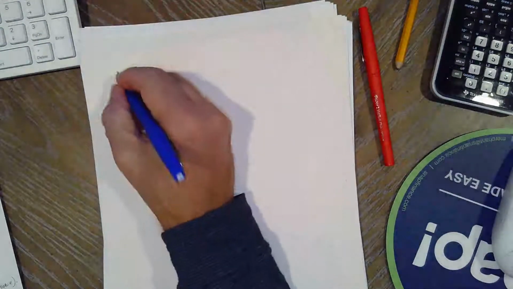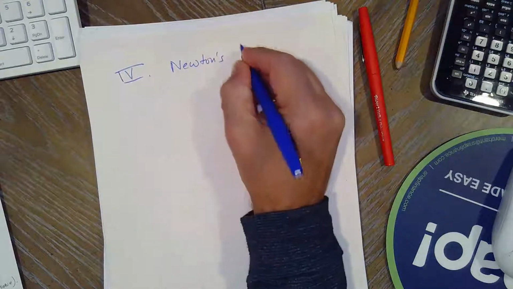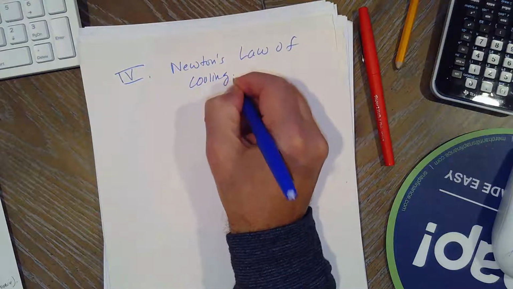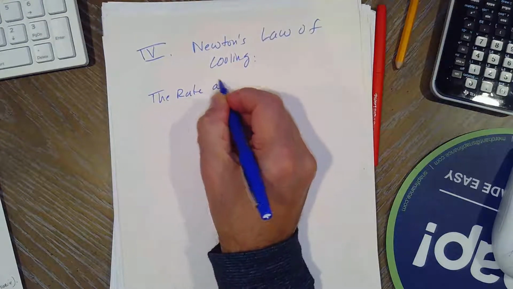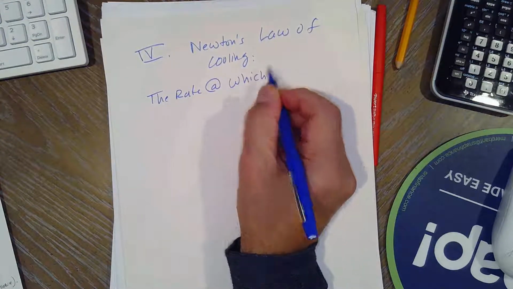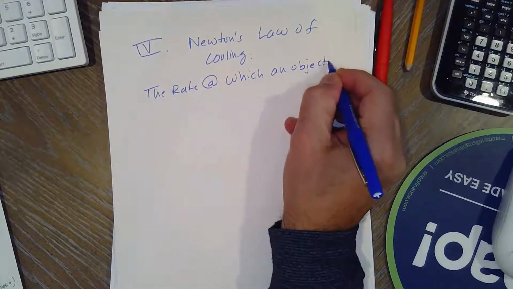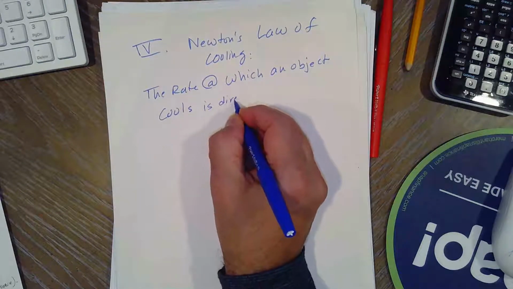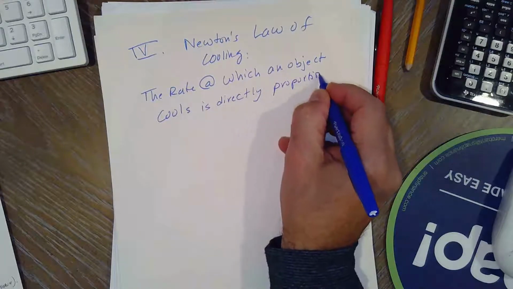Alright, the last application that I'm going to talk about is Newton's law of cooling. Let me explain that. The rate at which an object cools is directly proportional to the rate at which an object cools.